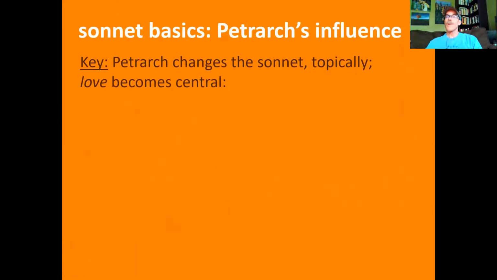All right, so Petrarch changes the sonnet topically, and for him, love becomes the central deal. Because he knows that he cannot marry this woman, be her lover and be an honorable man or anything of that nature, he's basically using this literary form as an outlet for exploration of things philosophical and amorous and all these sorts of things.